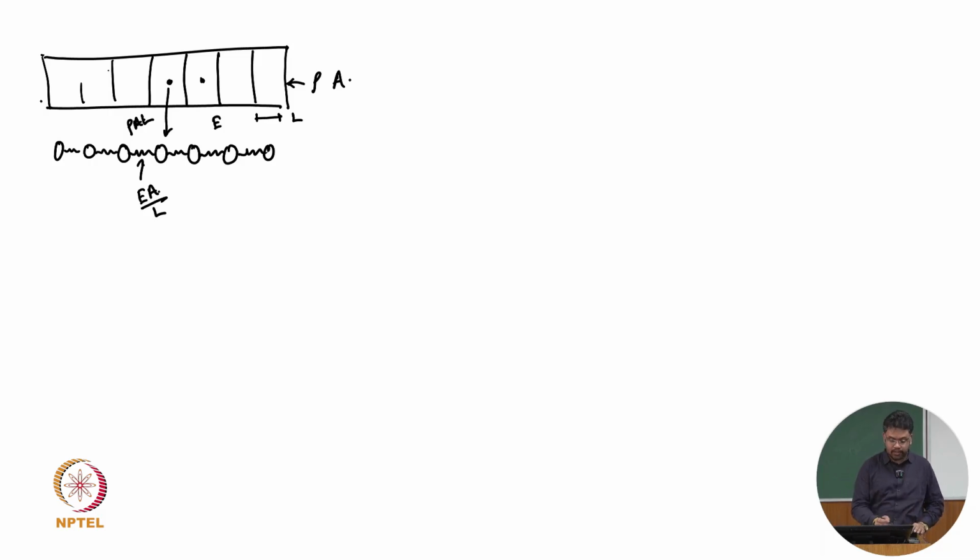Now suppose that instead of having everything the same, we have a bar with two different materials. How can we model it?